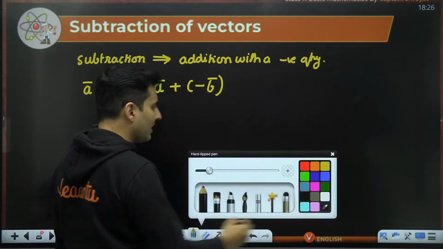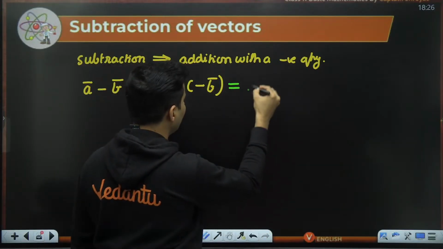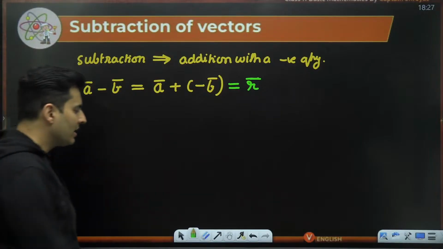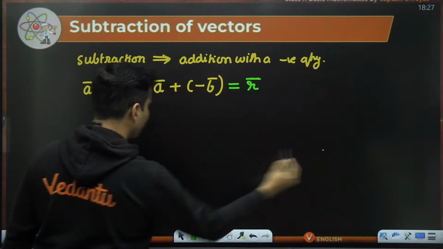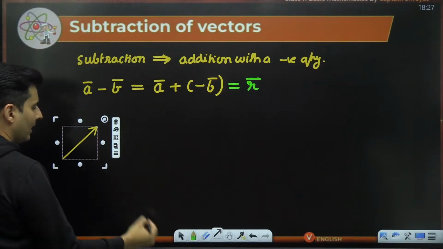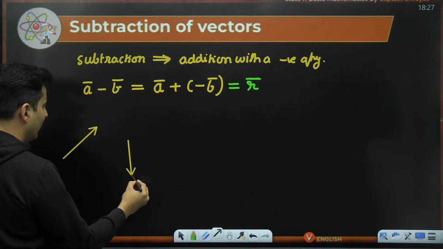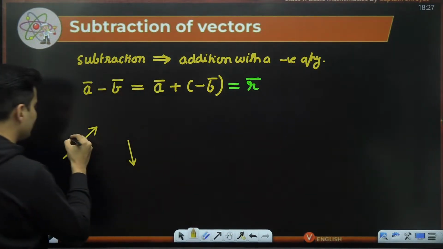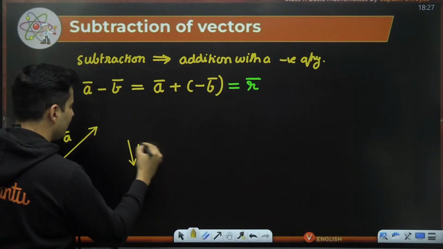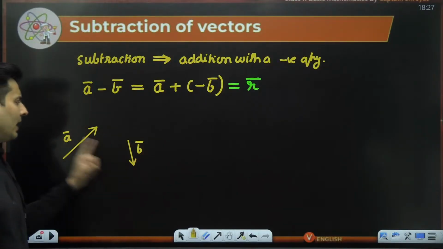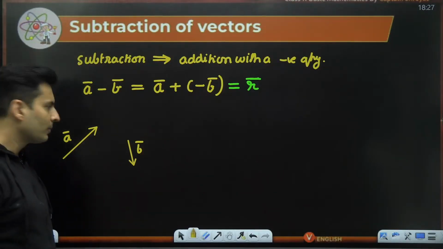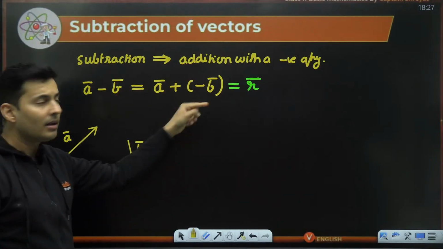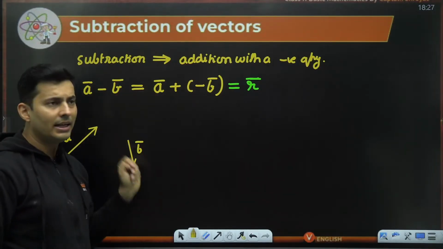So this is basically your vector subtraction, and this will be your resultant vector. Say, for example, I have a vector A over here and some vector B over here. I have taken some random vectors. Let's say this is vector A and this is vector B. I want to subtract vector B from A. What do I do? Subtraction means addition, but of a negative vector. Will I take negative of A or negative of B?